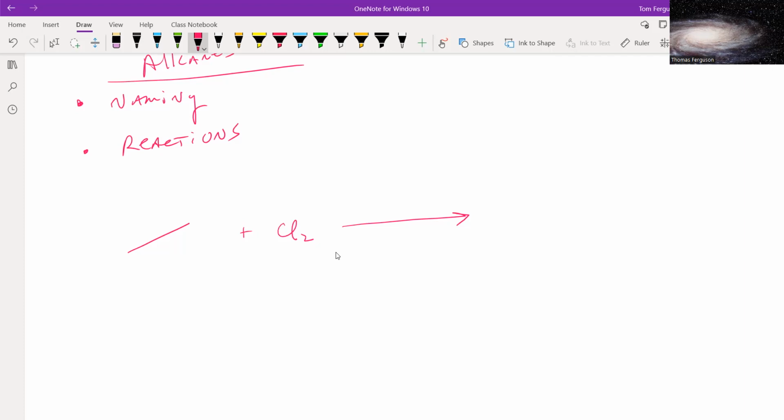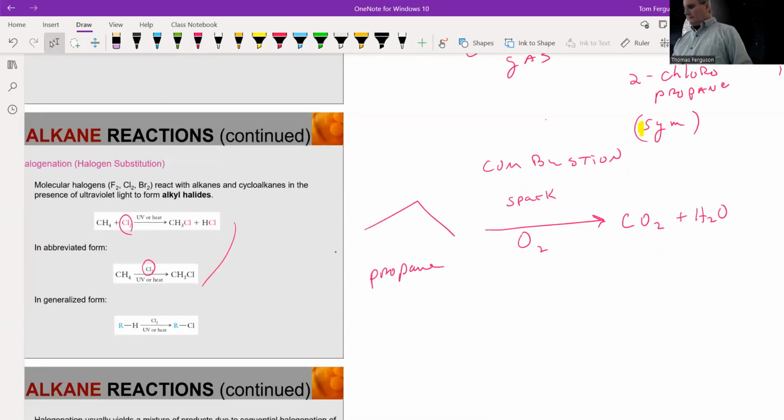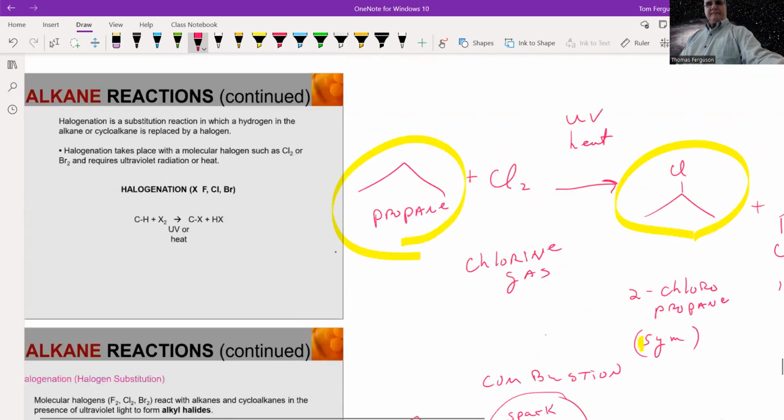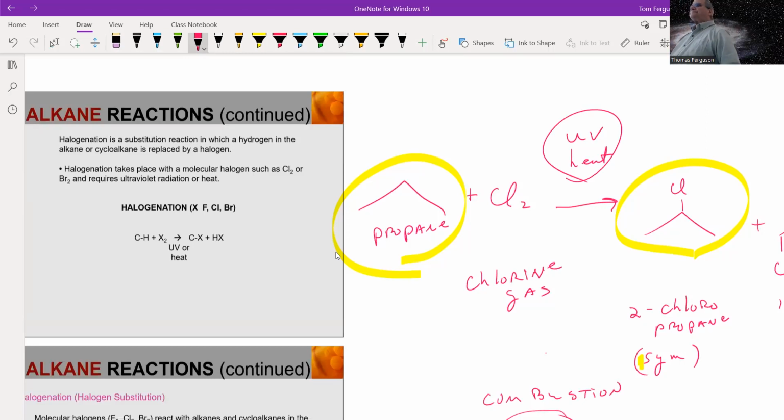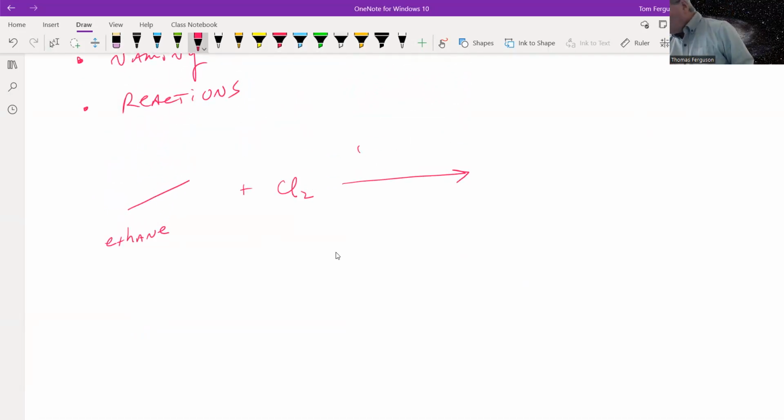What do I need for something to happen here? Remember from up here? Oops, I'm sorry. I need UV and heat. Then we're going to end up chlorinating that ethane.